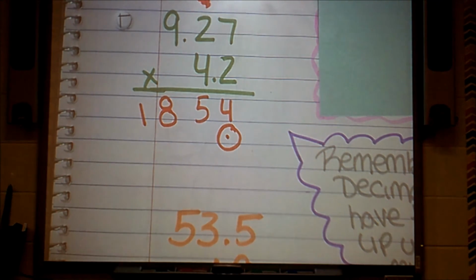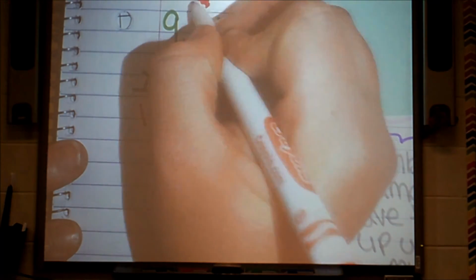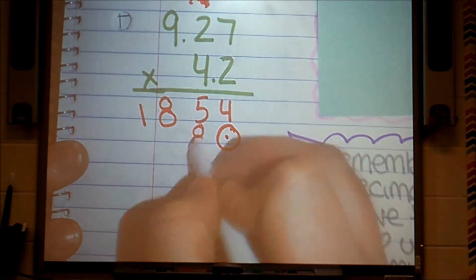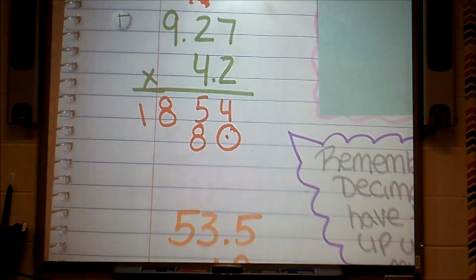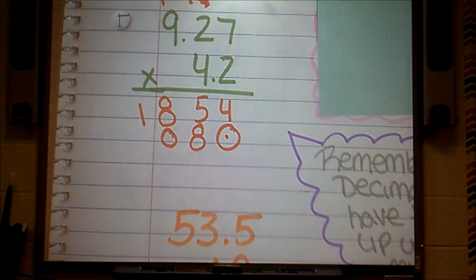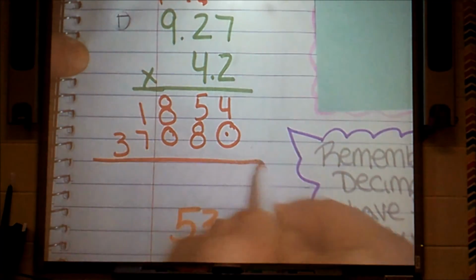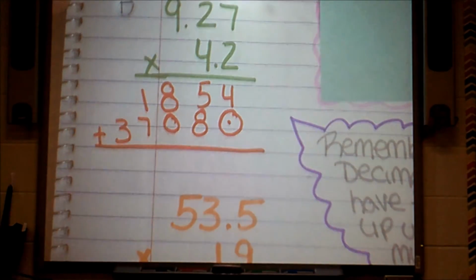Swing back and let's multiply with our 4. 4 times 7 is 28. 4 times 2 gives me a product of 8, plus the 2 that I carry gives me a product of 10. 4 times 9 gives me a product of 36, plus the 1 that I carry gives me a product of 37. Now I'm going to add up these numbers.